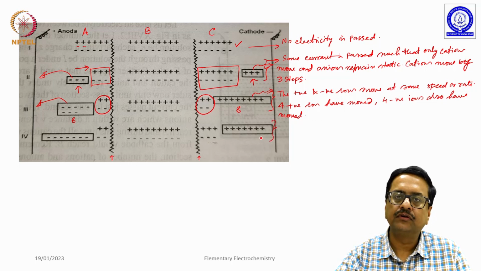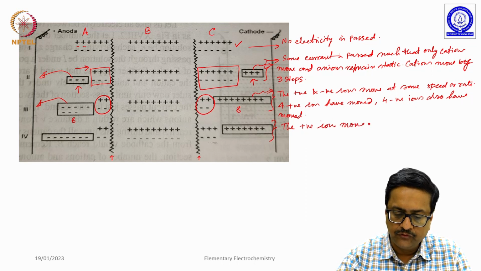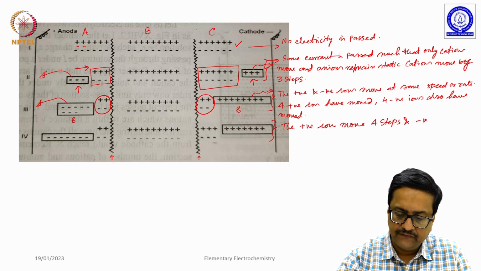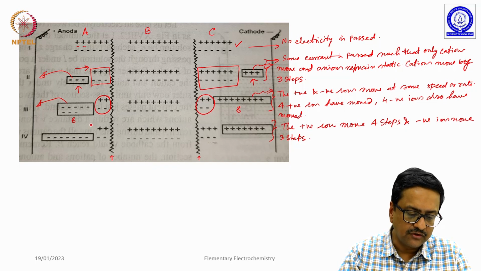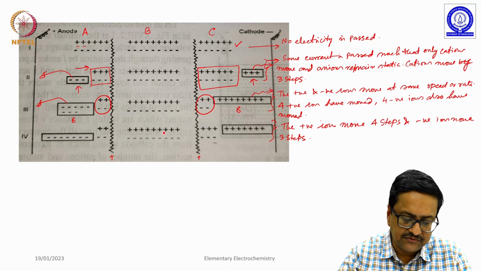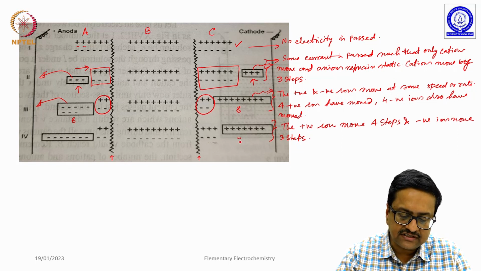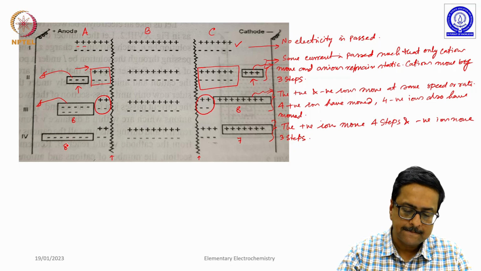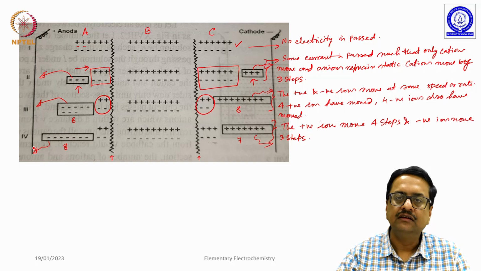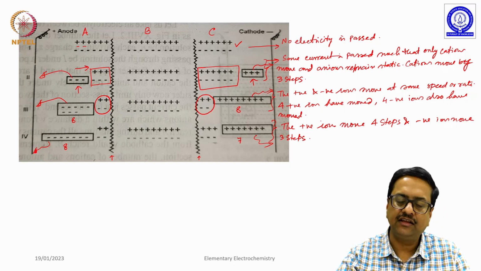Then if we consider the fourth condition, where the positive ions move 4 steps and negative ions move 3 steps, which means 4 positive ions have moved from A to B, and simultaneously 4 moved from B to C. By that process, 3 anions have moved from C to B and then B to A. As a result, we have 7 excess cations in chamber C and 8 excess cations in chamber A. As usual, these get discharged to maintain the electroneutrality of the entire solution and the corresponding chambers.